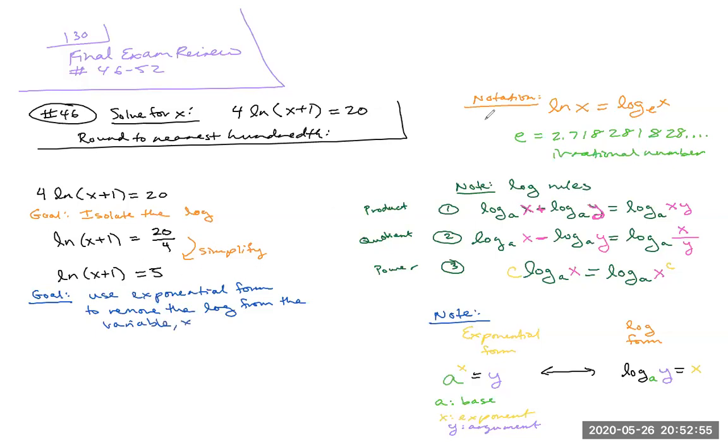Okay, so the first thing that we're going to want to do is remember that natural log is going to be log base e. Your argument in this case is going to be the x plus 1 you have right here.